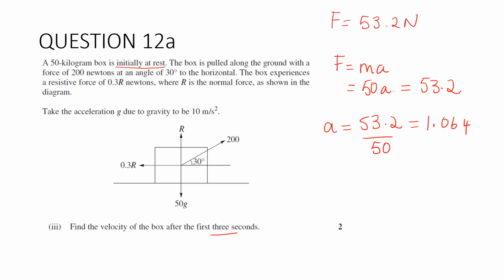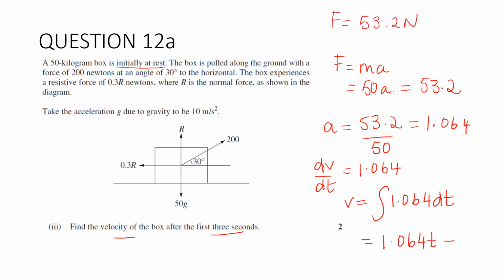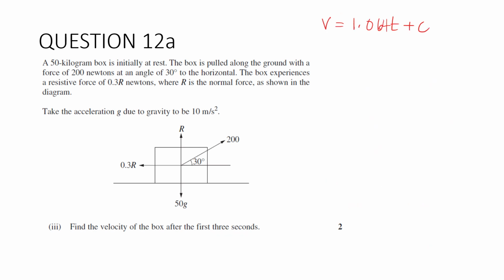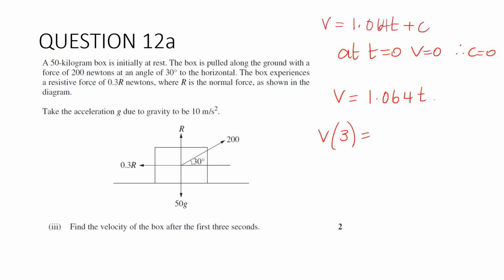All right, we want time and velocity, so we're going to use dv/dt is equal to 1.064. v is equal to the integral of 1.064 dt, which is equal to 1.064t plus c. Now at t is equal to 0, v is equal to 0, therefore c is equal to 0. So velocity is equal to 1.064t. And we want after the first 3 seconds, so that's 1.064 times 3, which is equal to 3.19 meters per second.